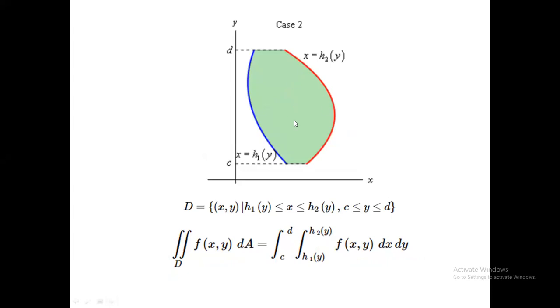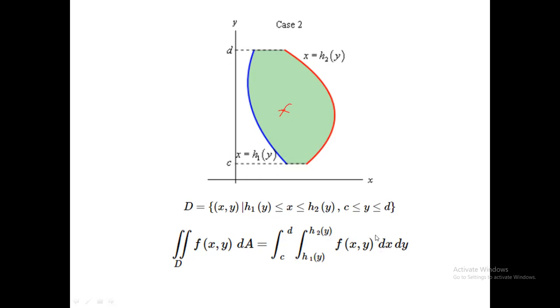Now, if this is the region that we want to determine the area of, bounded by the red and the blue curve, we have this double integral to represent the area of this region. So whatever is the corresponding function equation for this particular region in green, you integrate it in terms of dx and dy.